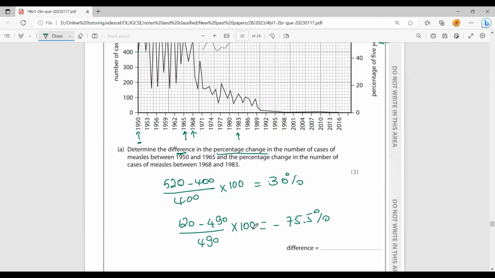So we do 30 minus negative 75.5. So 105.5. Like this? Yeah, I got 105.5. Okay, of course percent.